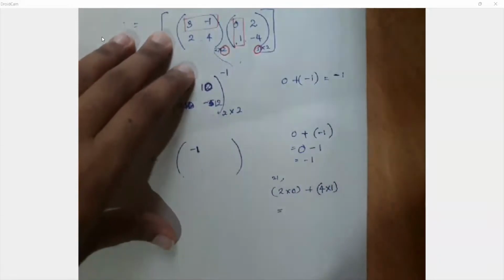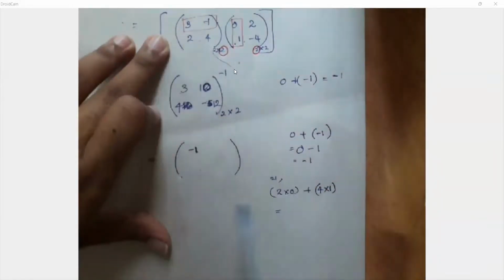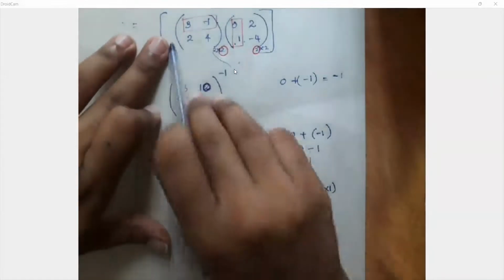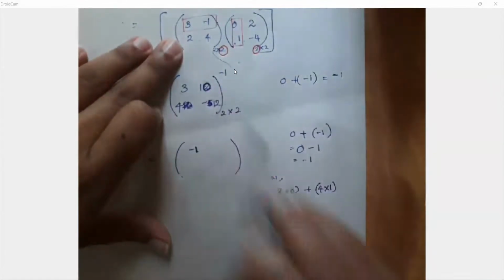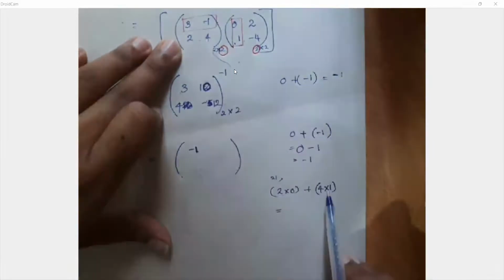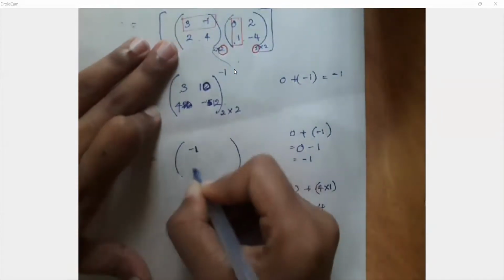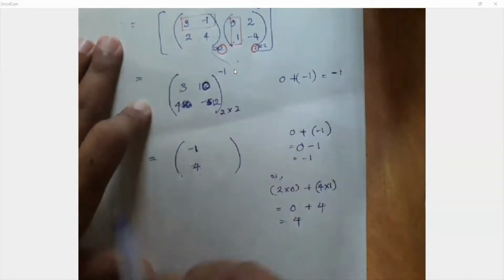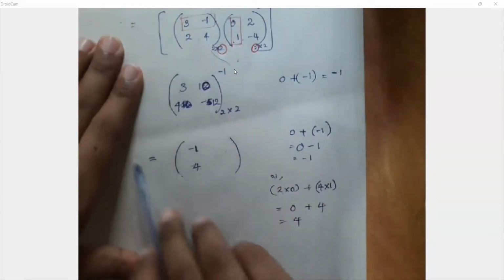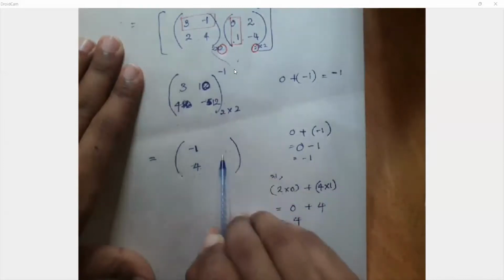If you can't understand also, let me know. Here I want 2, 1. 2 into 0, 0 plus 4 into 1, 4. Here, 4. Okay, that is correct.